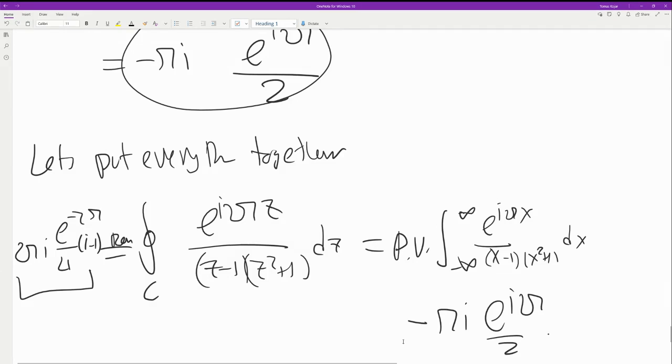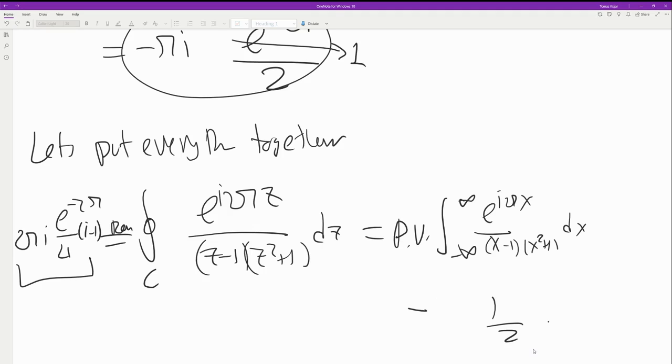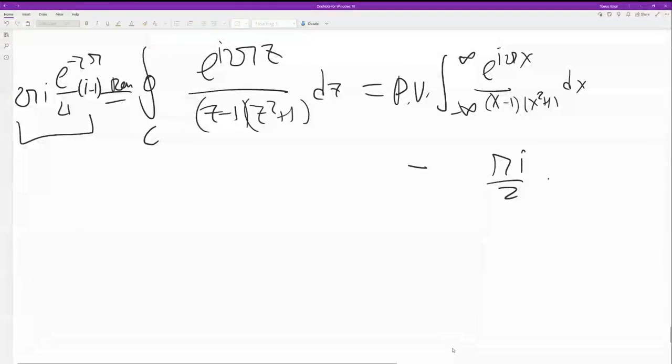Okay, good. Of course, you can simplify this. e to the i 2 pi is 1, so I might as well just write 1. So we have pi i over 2.